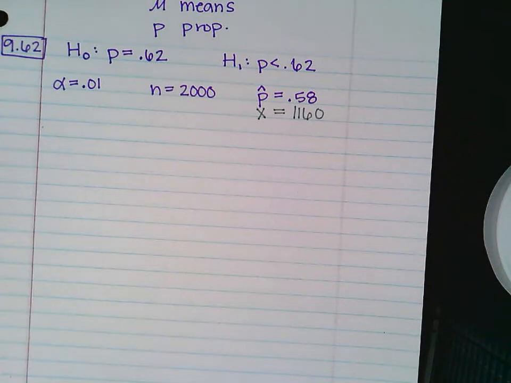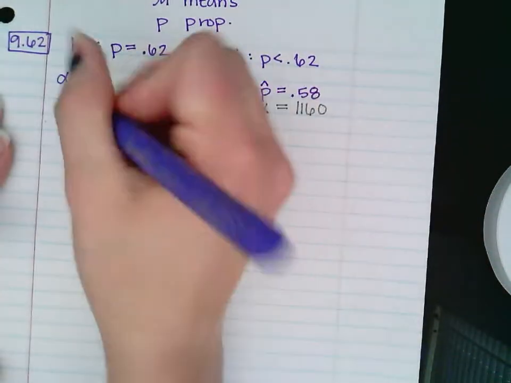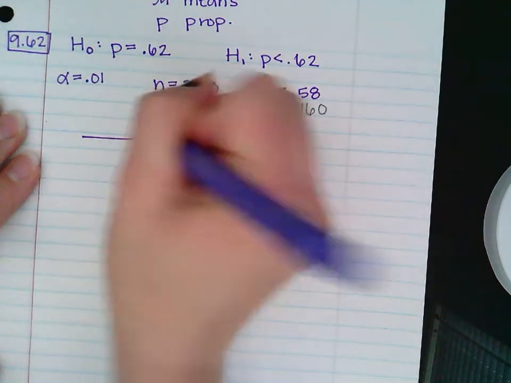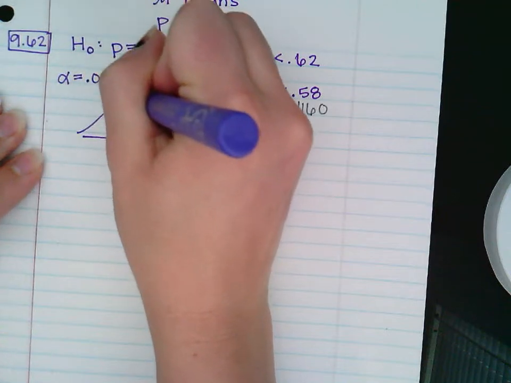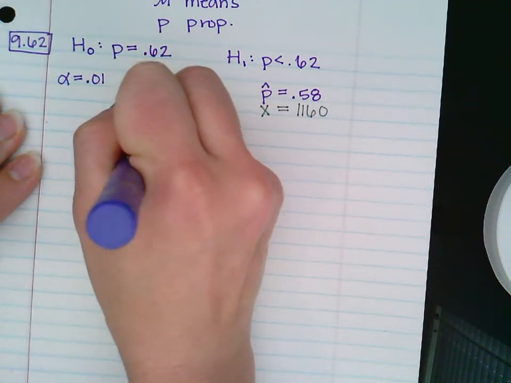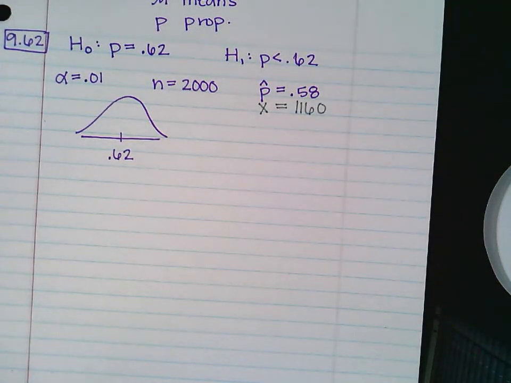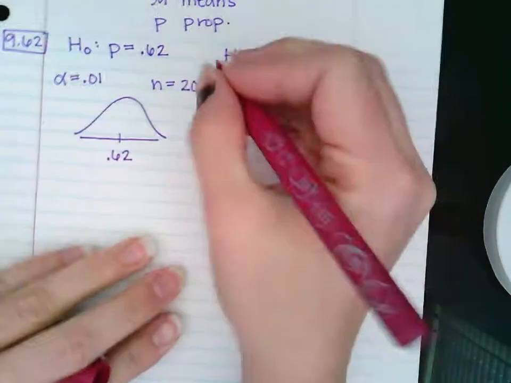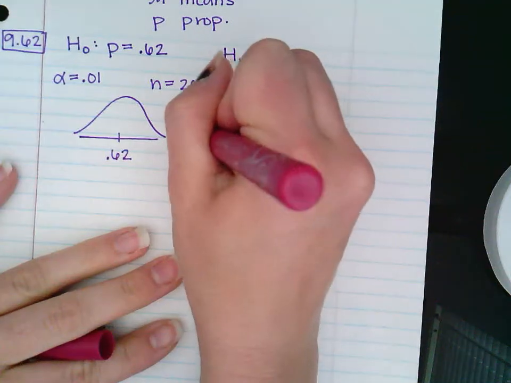All right, so let's go ahead and draw in our distribution here. So our distribution would be centered at 0.62. And our Z is going to be calculated the following way.